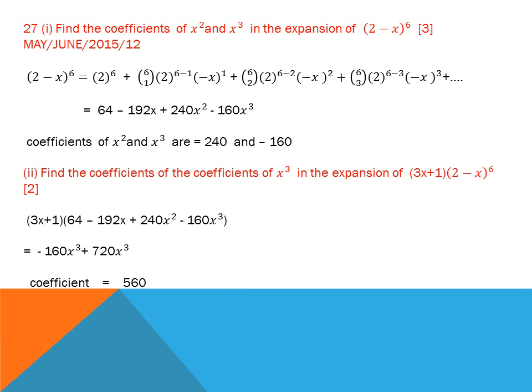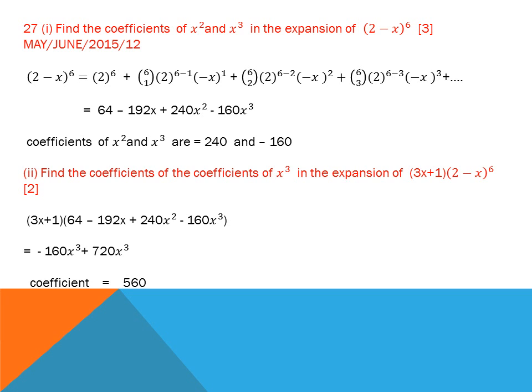Question number 27. Find the coefficient of x square and x cube in the expansion. Same like the previous question. When I expand 2 minus x power 6, I apply the formula 2 power 6, 6c1, 2 power 6 minus 1, minus x power 1, 6c2, 2 power 6 minus 2, minus x power 2, plus 6c3, 2 power 6 minus 3, minus x power 3.